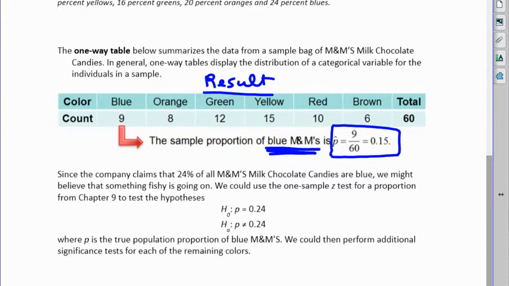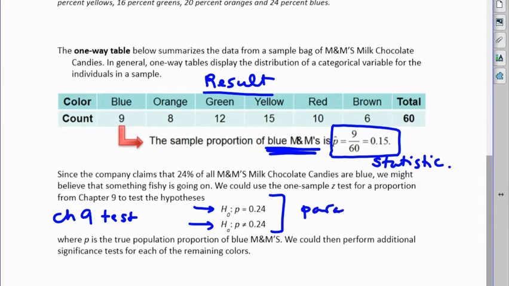And then we probably, in the past, using the procedures that we did in Chapter 9, where we were doing tests of proportions, would have written our null hypothesis and our alternative hypothesis, and then we would have tested our statistic against the believed parameter values.